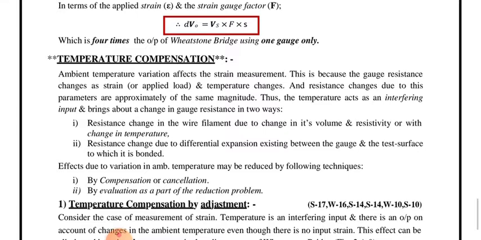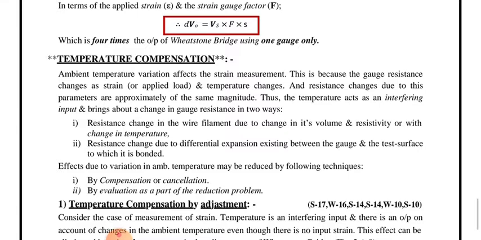Okay, so the resistance changes due to these parameters are approximately of the same magnitude, meaning whatever the changes in the atmosphere, that is temperature, as we are applying the load, the gauge resistance changes. Thus the temperature acts as an interfering input and brings about a change in gauge resistance in two ways.